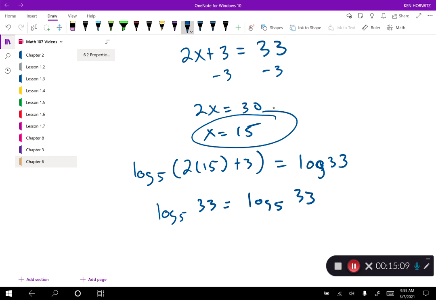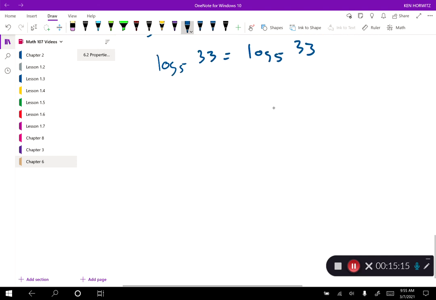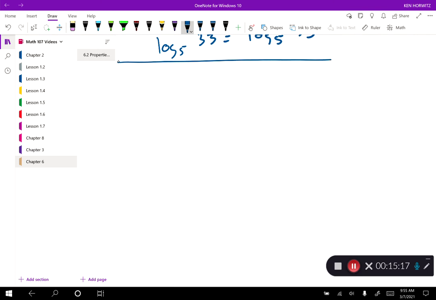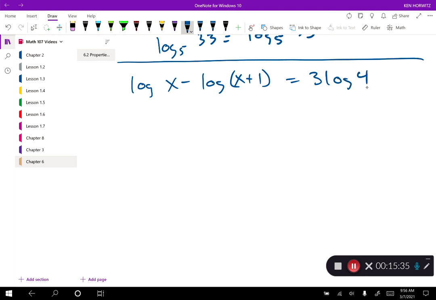All right, so let's try one more, because beyond that, it would just be a matter of practice and experience. So I'm going to try this one. Let's see. So I have the log of x minus the log of x plus 1, excuse me, equals 3 log 4.